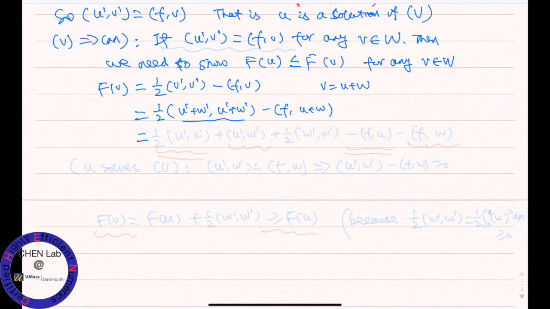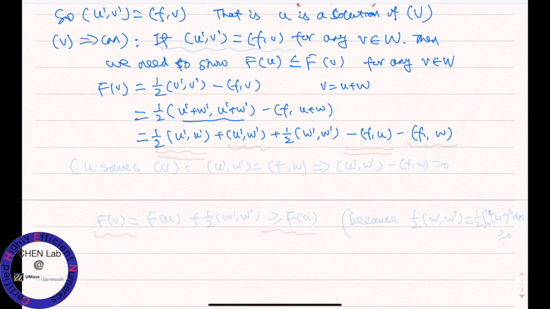So this is 1/2 u prime u prime, and then you have u prime w prime, two cross terms divided by 2, so you get parenthesis u prime w prime plus 1/2 w prime w prime, minus fu, minus fw.